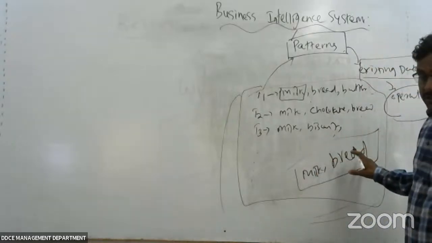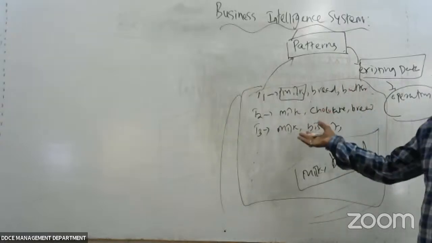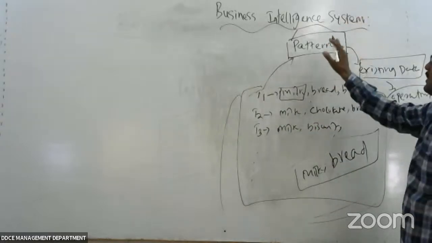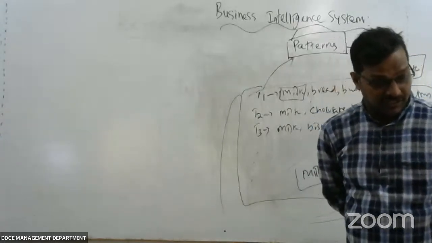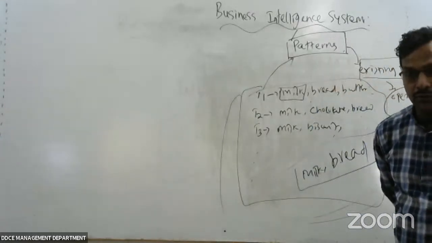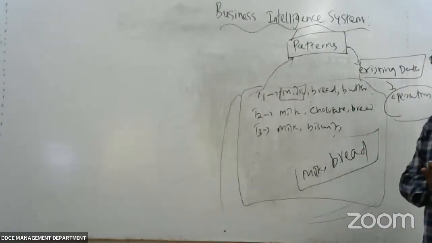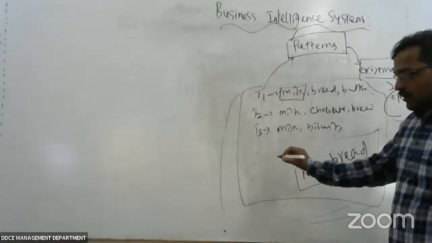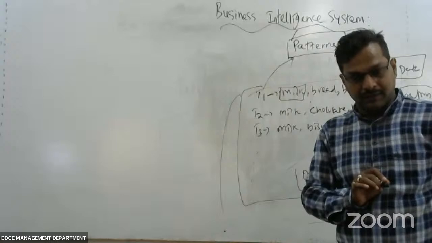But my point is how to know the pattern and what benefit you will get. Business intelligence refers to the patterns. Patterns will help us. That's why in Reliance, when you are purchasing milk, bread is placed close to milk.